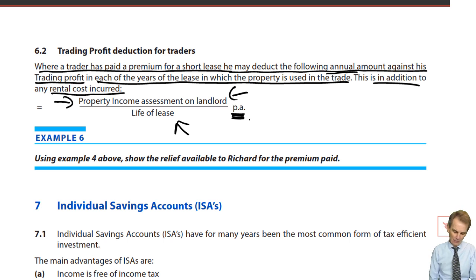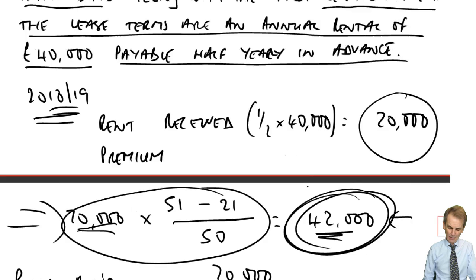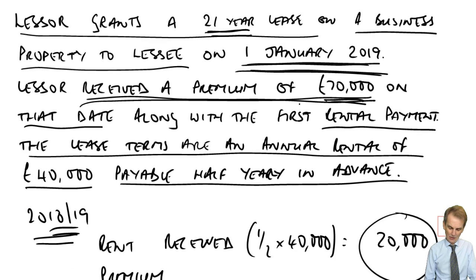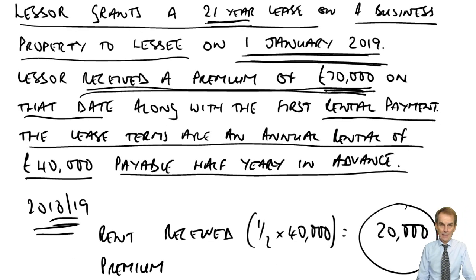Right. Before I leave you to have a go at example 6, I'll get you to look back to the example I had running in relation to our lessor and lessee. With the lessee, you're dealing with their trading profit and the calculation of their so-called adjusted trading profit. You do that for an accounting period.